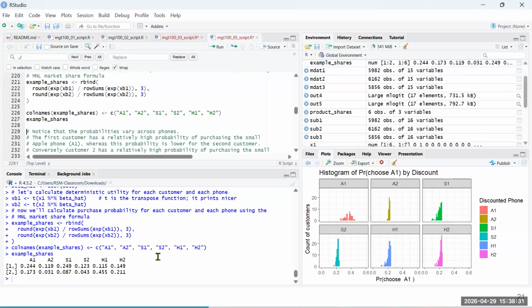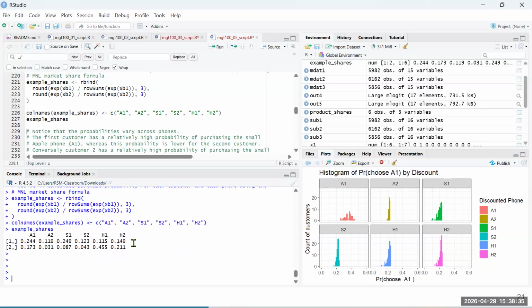What it's going to say, remember, customer 2 was using a lot more minutes than customer 31. Customer 2 is on the first row here. And so customer 2 has much higher probabilities of purchasing the phones that tend to be more expensive, the Samsungs and the Apples, whereas customer 31 has much higher probability of purchasing the cheaper phones, the Huaweis.